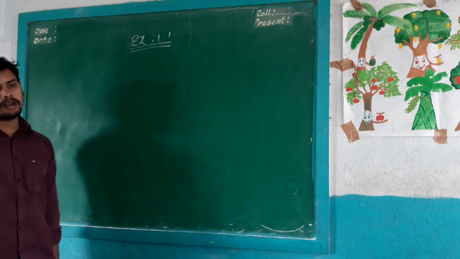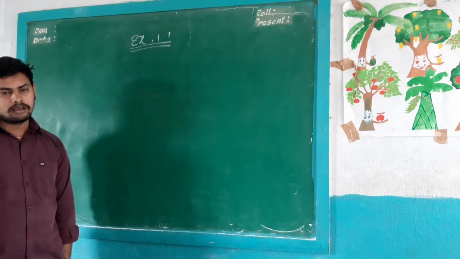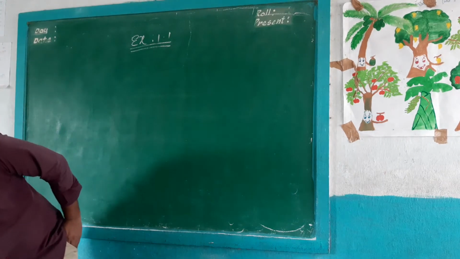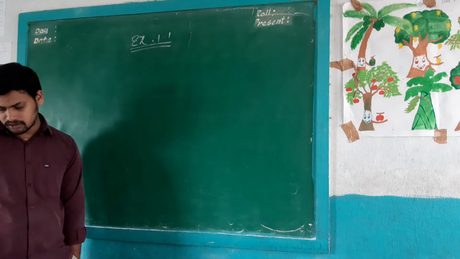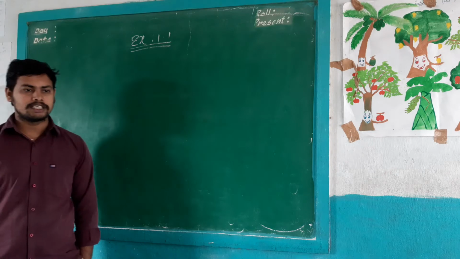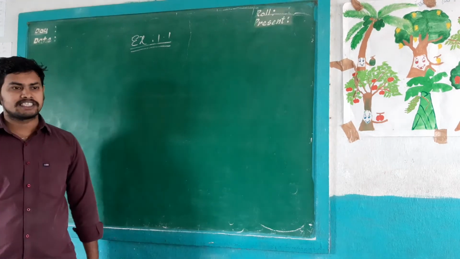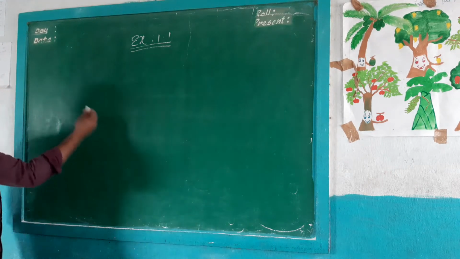Using Euclid division lemma, show that any odd positive integer is of the form 6q plus 1, 6q plus 3 or 6q plus 5.